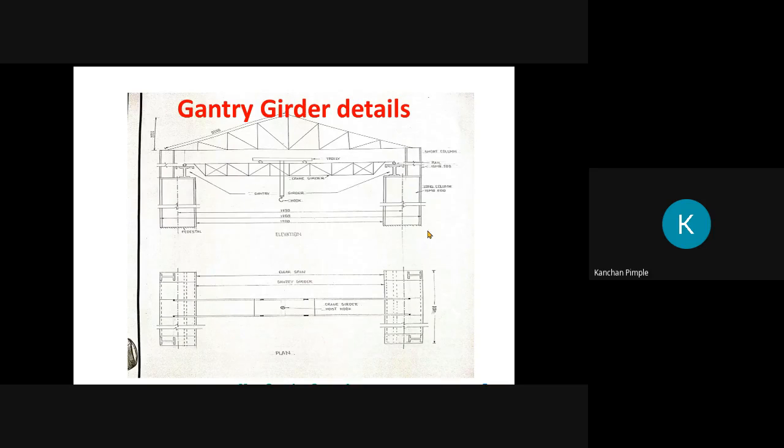What does that mean? The first column is supported only by the truss. This first column is supported by the truss, and a short column is provided separately, and on this the gantry girder is resting.